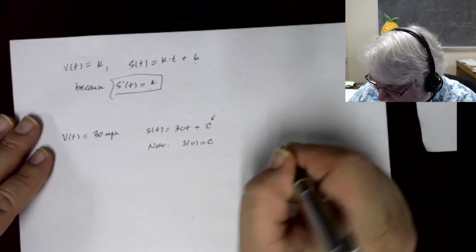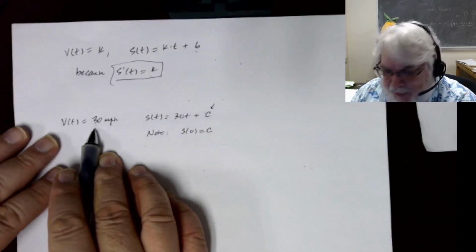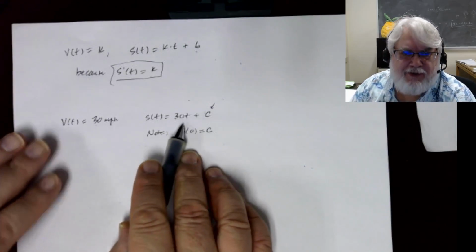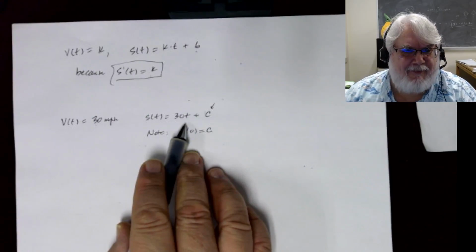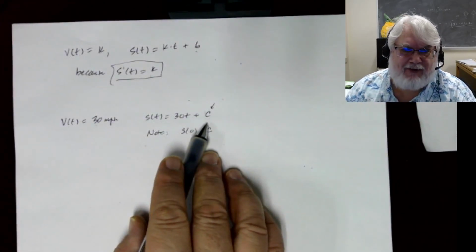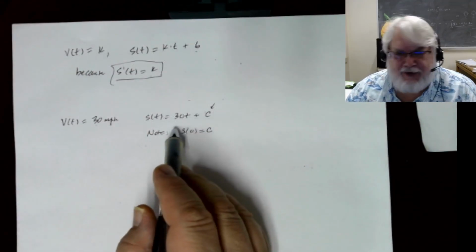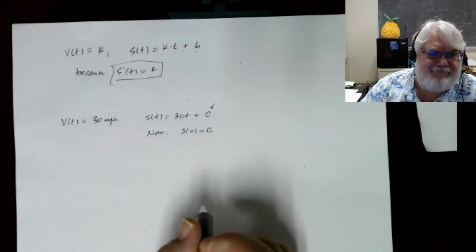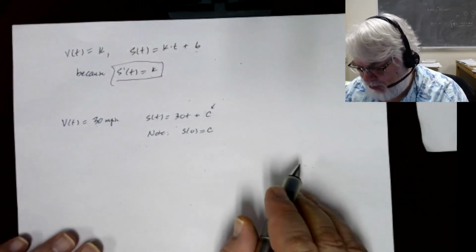So you may be moving at 30 miles an hour, but you don't know where you've started. So you're moving 30 units to the right at each time t, but you'd have to add your starting position onto the end of that. To figure out the full antiderivative, you would need to know where you started. We're not going to get that far into it right now, but that's the relationship between those.